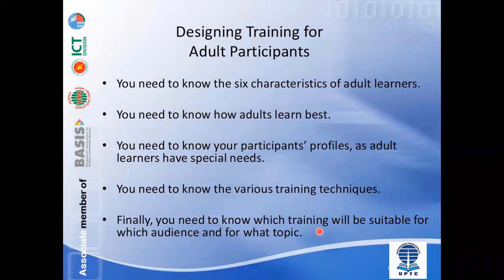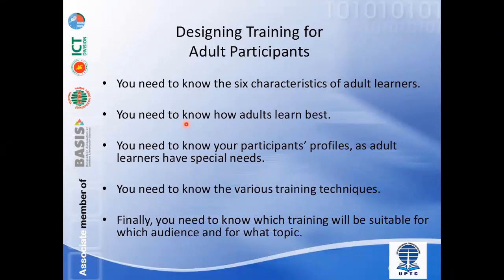In designing a training session for adult participants, the keys we need to focus on are: we need to know the 6 characteristics of adult learners, you need to know how adults learn best, then you need to know your participants' profile as adult learners have special needs, and you need to know the various training techniques.